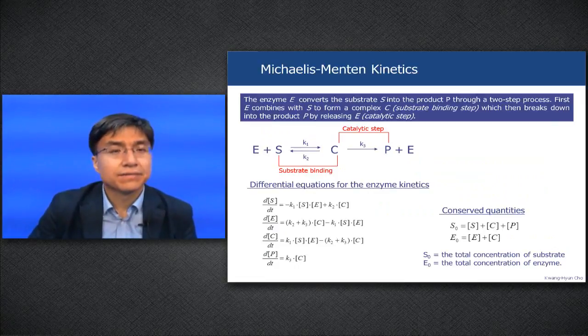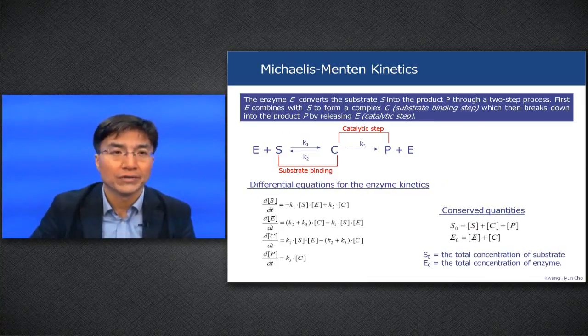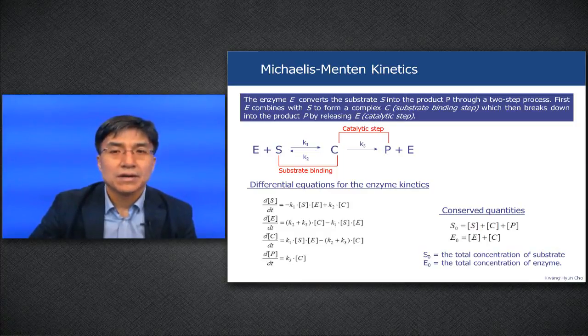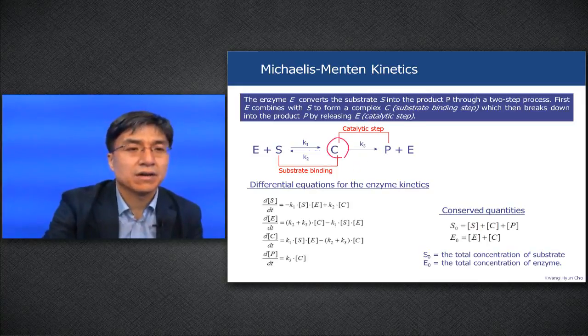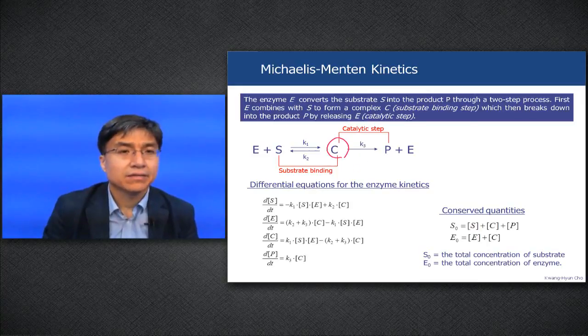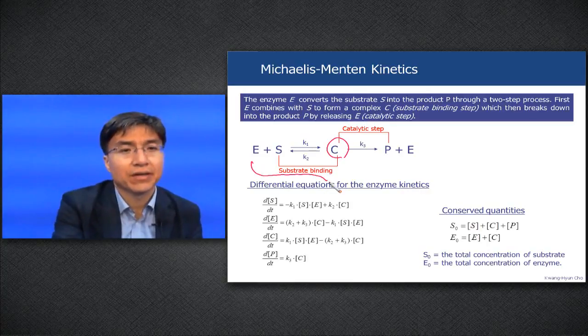Let's think of a more specific biochemical reaction made of enzyme and substrate molecules. Let's think of an enzyme E that converts the substrate molecule S into the product P through an intermediate step by forming a complex C. Then the whole scheme of biochemical reaction will become like this.